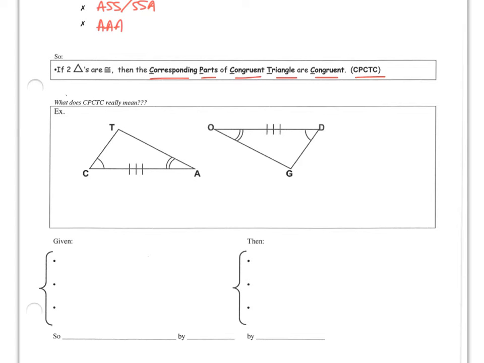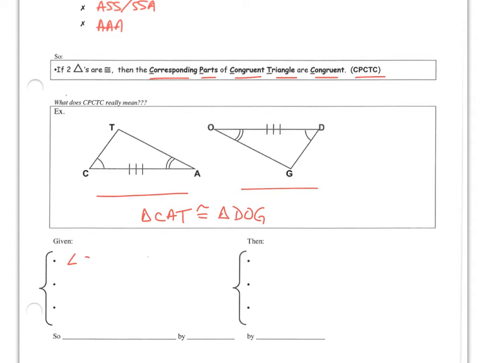If I take this picture here, I see that I can prove triangle CAT congruent to DOG. All right, so triangle CAT is congruent to triangle DOG. Everything is given to me.